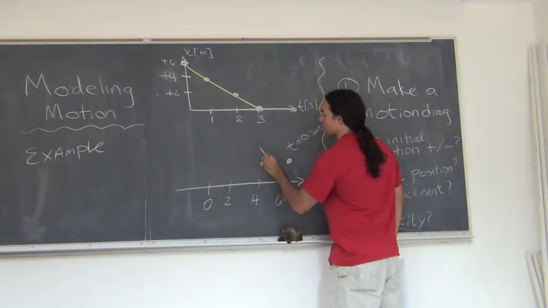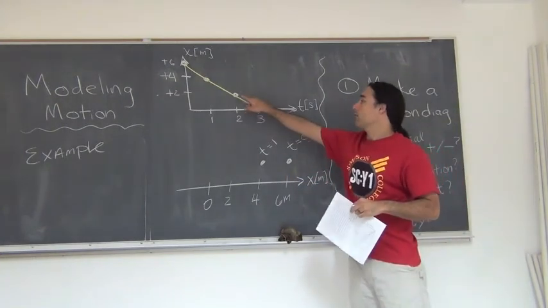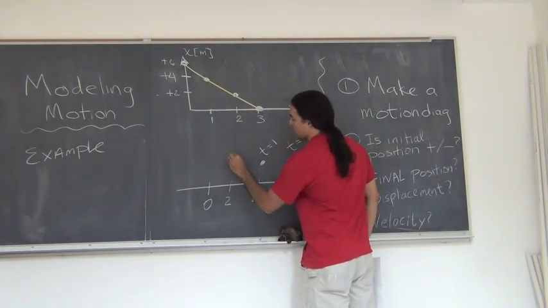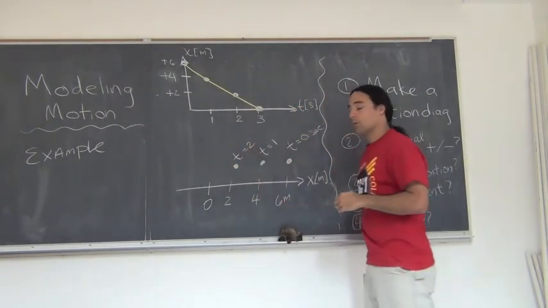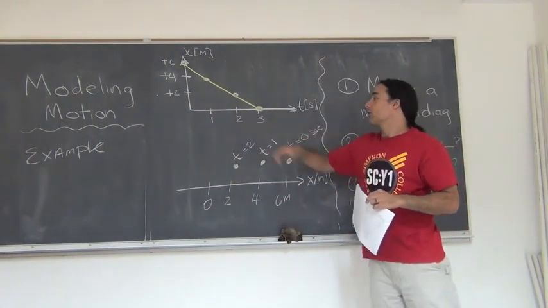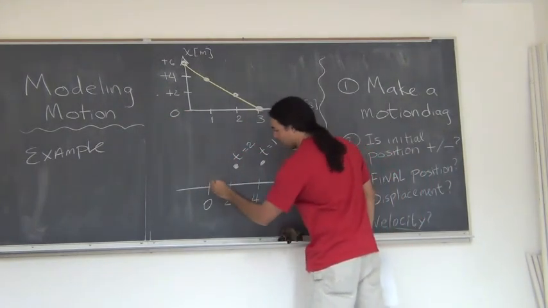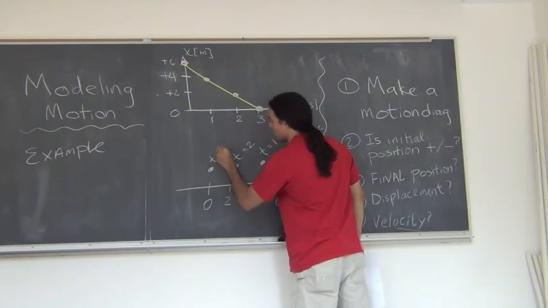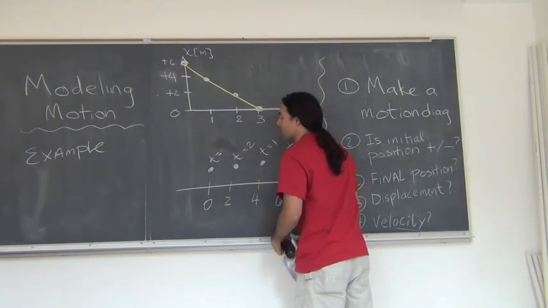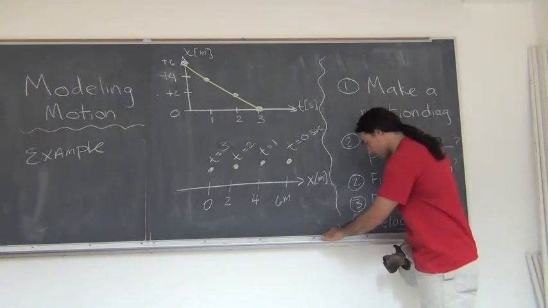At 2 seconds, we're at 2 meters. And at 3 seconds, we are at x equals 0. So that's my motion diagram.